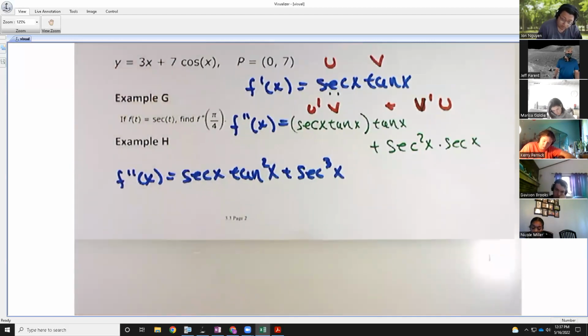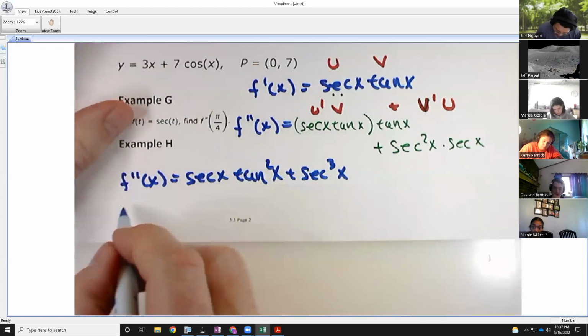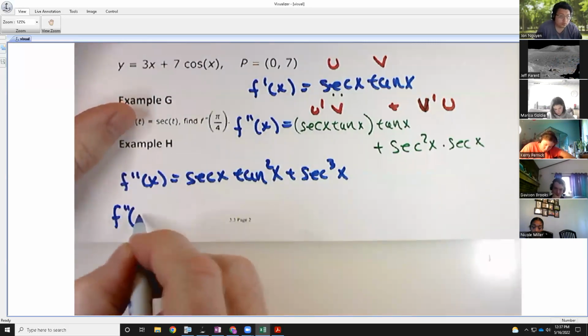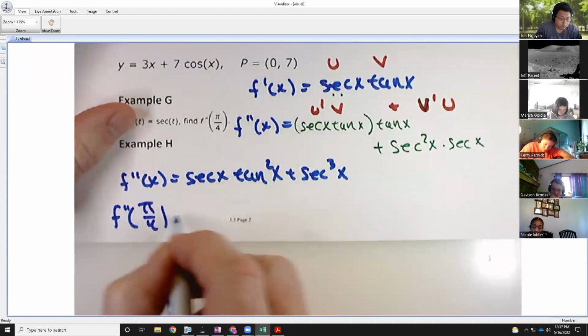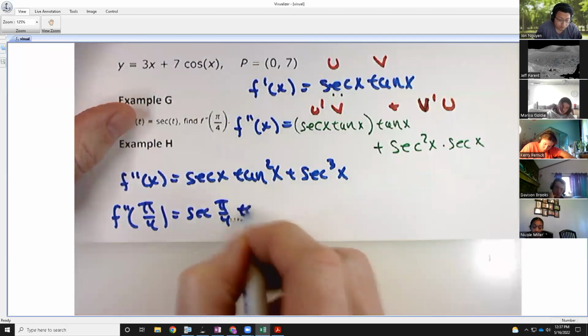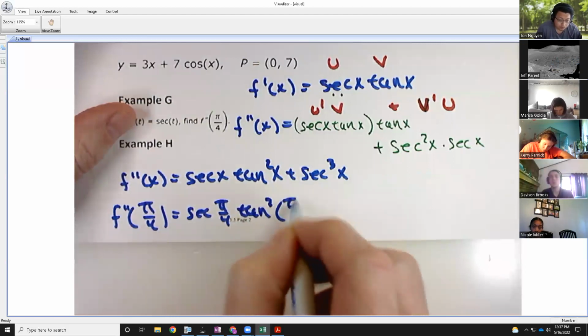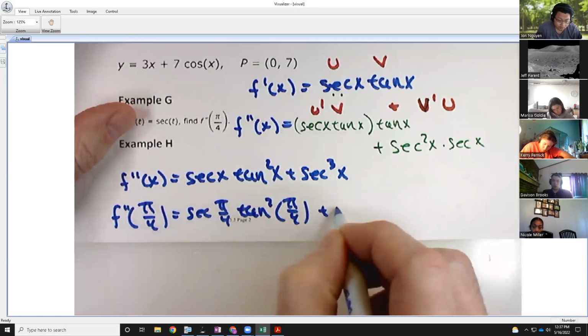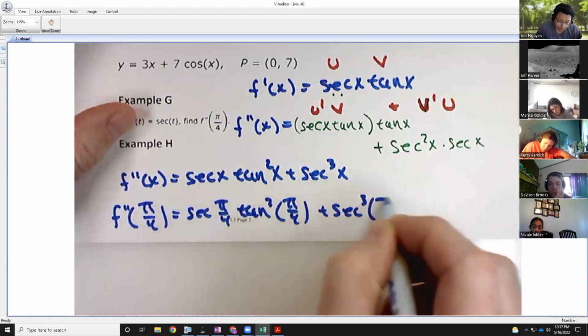Crazy. All right. Last but not least, I got to substitute in pi over 4. F double prime of pi over 4 is going to be secant of pi over 4 times tangent squared of pi over 4 plus secant cubed of pi over 4.